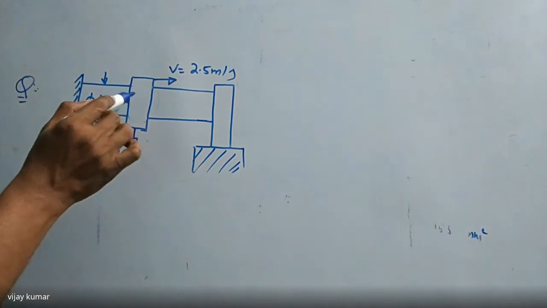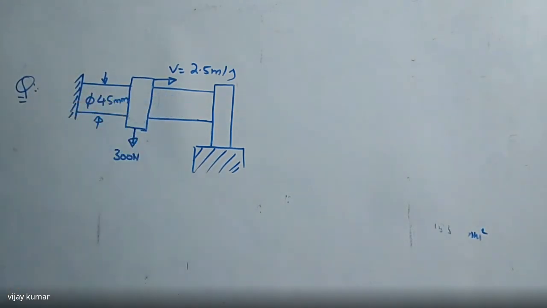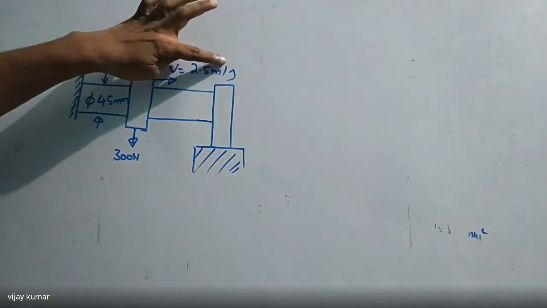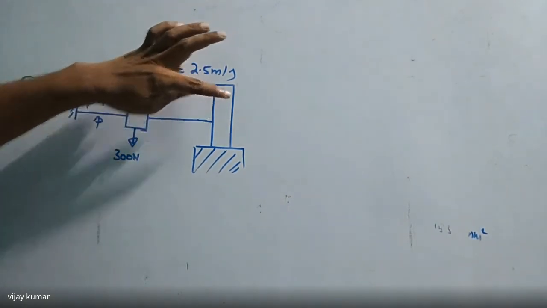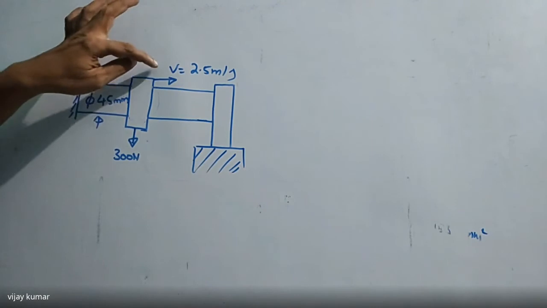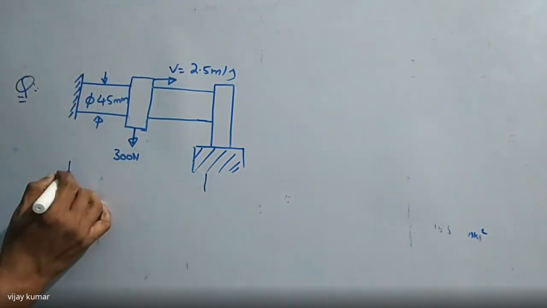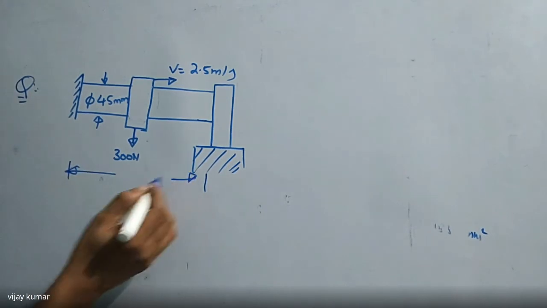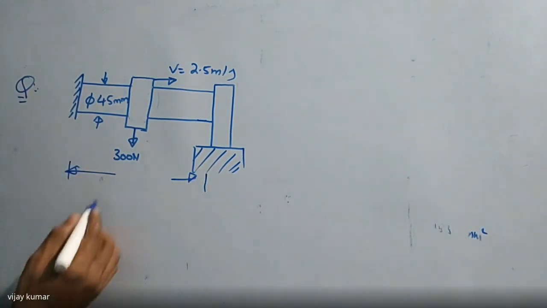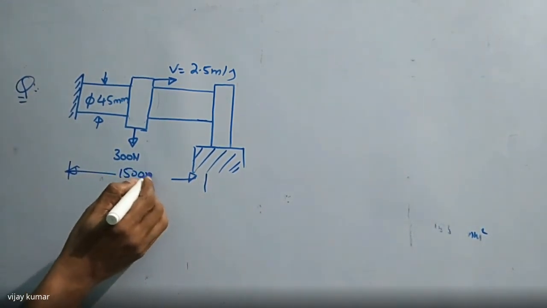It is moving with a velocity of 2.5 meters per second and goes to impact the rigid collar. The length of the bar is also given, that is nothing but 1500 mm.